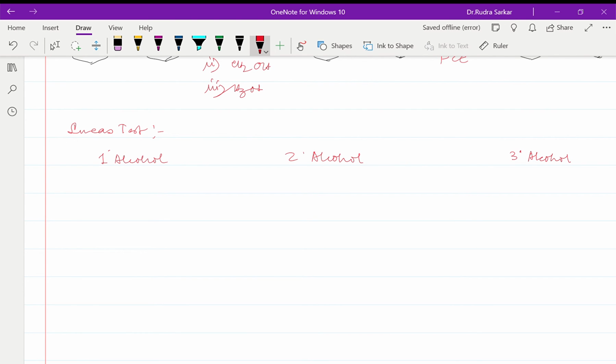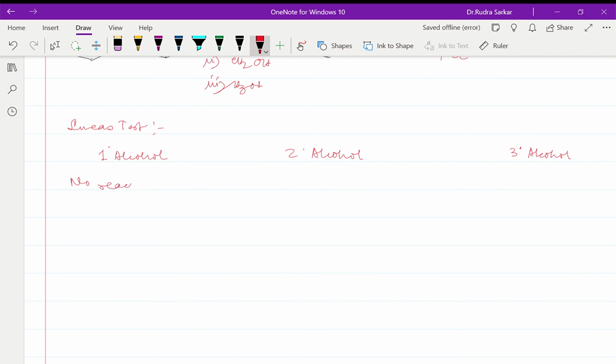Okay. Basically, you should get some turbidity. Okay. For a 1 degree, no reaction at RT. That means room temperature.